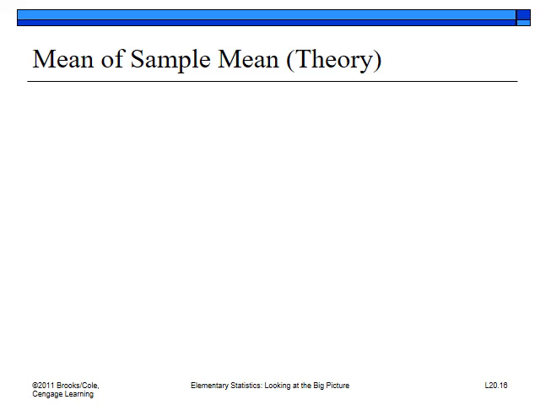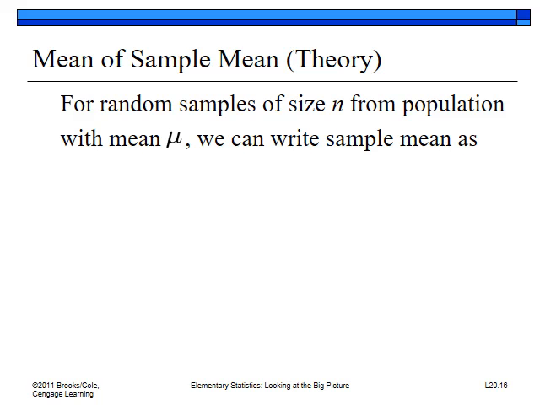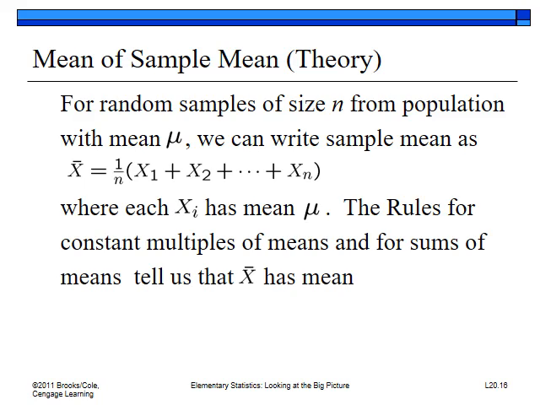So let's dive into some of the theory. If we take random samples of size n from a population with mean mu, then the sample mean is 1 over n, that's the number we chose, times the sum of the values that we actually observe. Now each of those observed values is random, and the mean is mu.